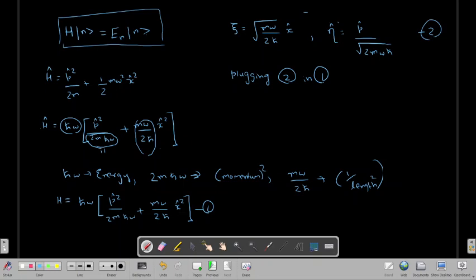will give me H is equal to h cut omega into eta square plus xi square. Okay.